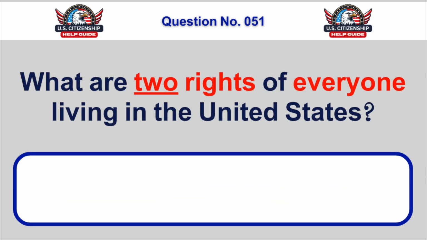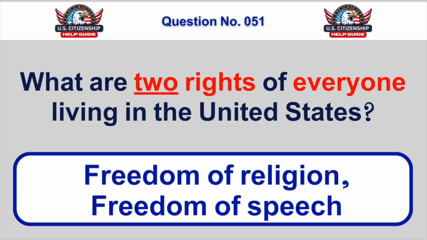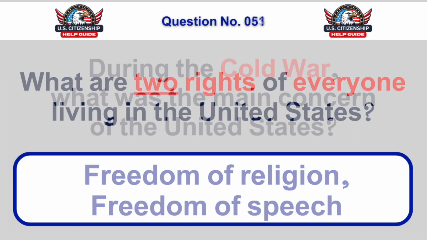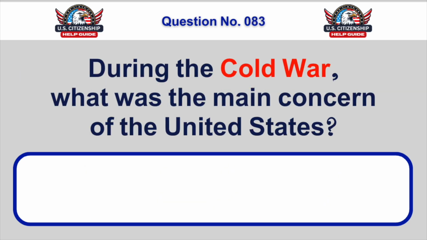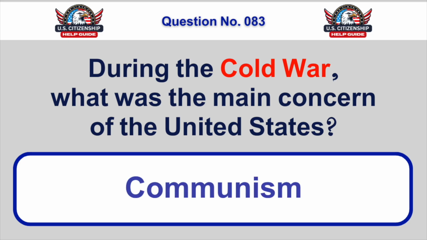What are two rights of everyone living in the United States? Freedom of religion, freedom of speech. During the Cold War, what was the main concern of the United States? Communism.